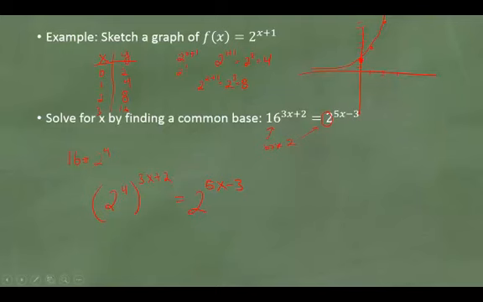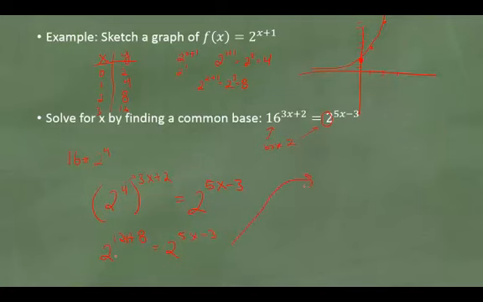And remember, our properties of exponents says that if we're raising one exponential expression to another power, we can multiply the exponents. So we're going to multiply them. This is 2 to the 12x plus 8 is equal to 2 to the 5x minus 3.